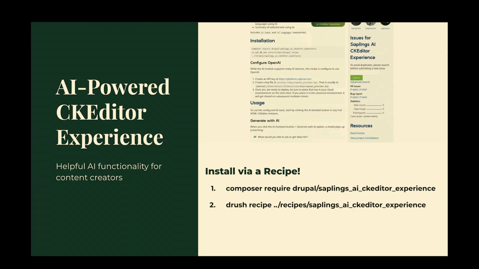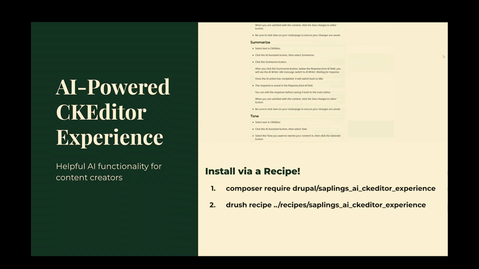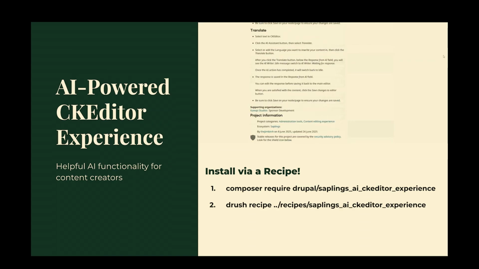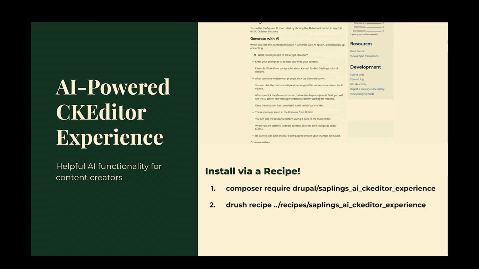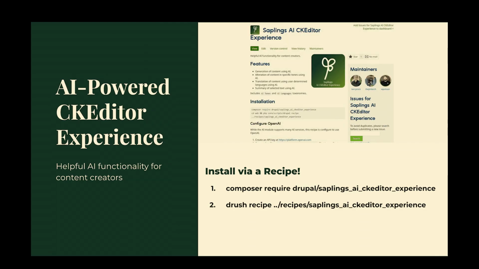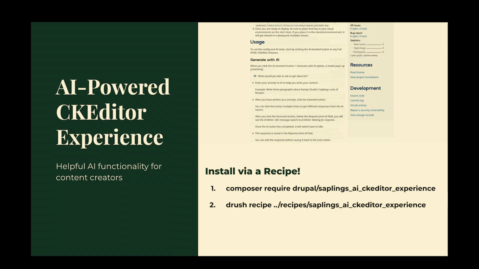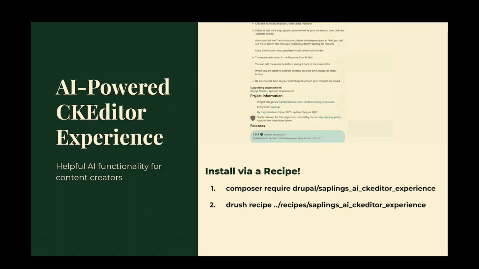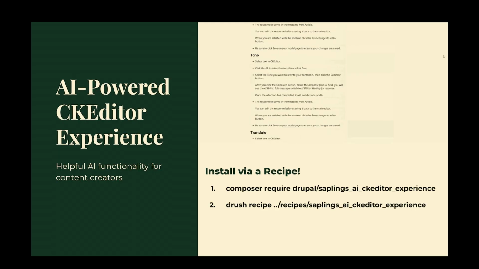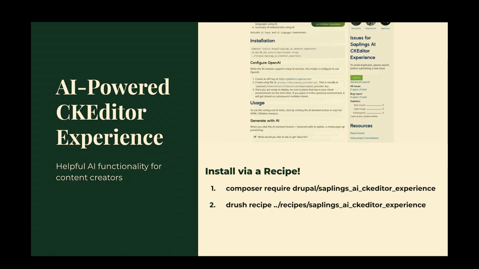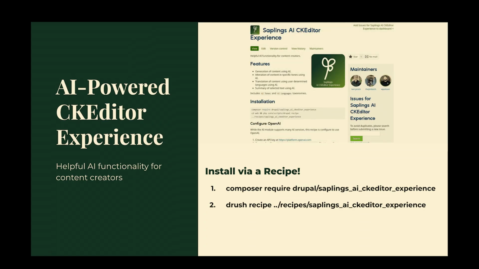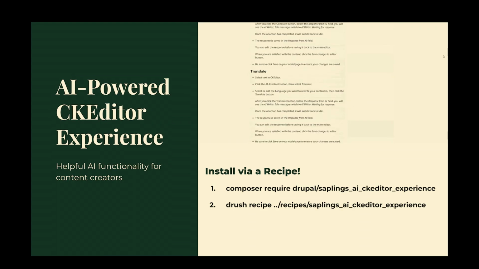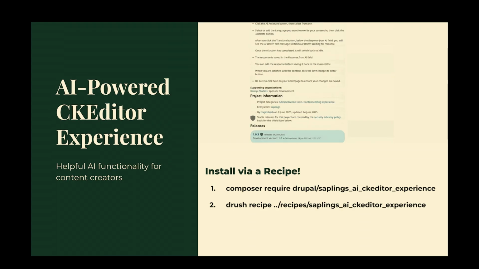This recipe is one that you could use to quickly install and configure all of the functionality needed to implement an AI experience within Drupal using CKEditor. To install it, you would just need to run a Composer command: composer require drupal/saplings_ai_ckeditor, and then in order to enable it, we would run our drush recipe command and just point it to the recipe that we downloaded in the previous step.